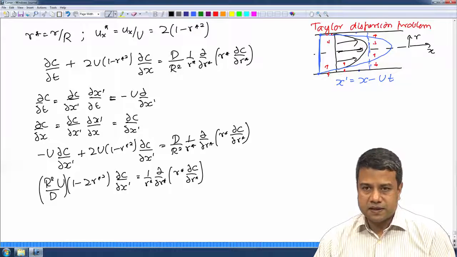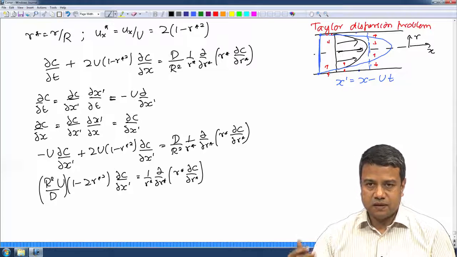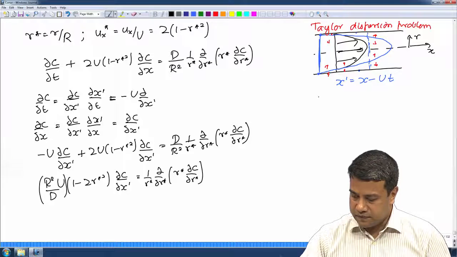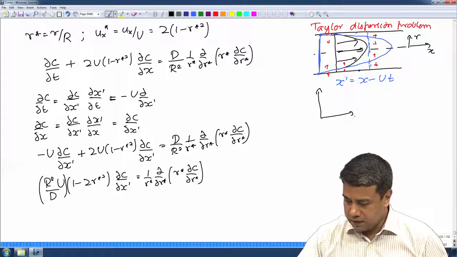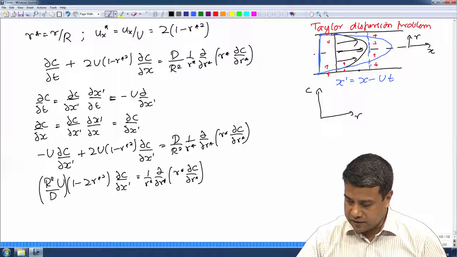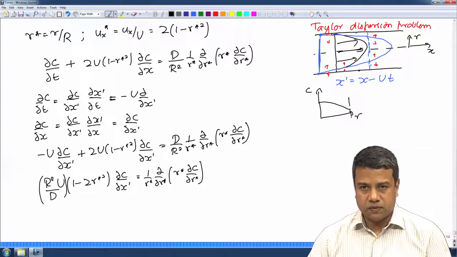Now, I can express the concentration field as a cross section averaged concentration plus the radially varying part. If I plot the concentration field as a function of the radial distance, I am going to have some concentration variation from the center to the wall of the pipe.